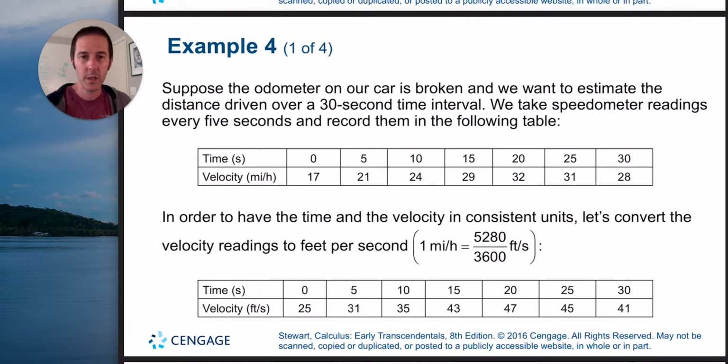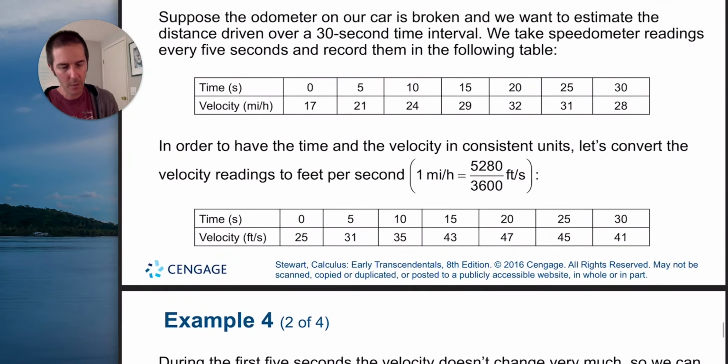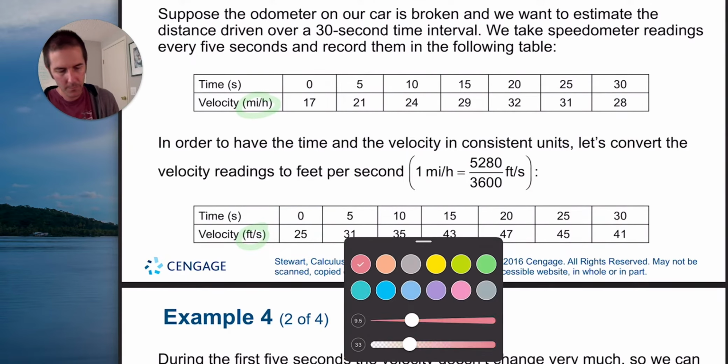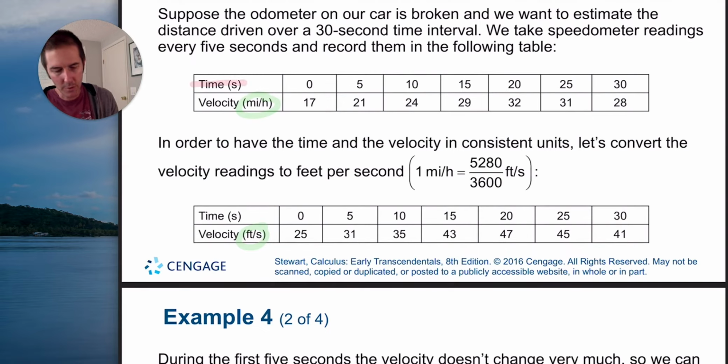So here it is. You're seeing a table that has times on a 30-second car trip, or 30 seconds worth of a car trip, the velocities at some various time markers along the 30-second interval, 0 seconds into the interval, 5 seconds in, 10 seconds in, and then we're being told it's probably going to make more sense to convert from miles per hour to feet per second, because time here is being measured in seconds.